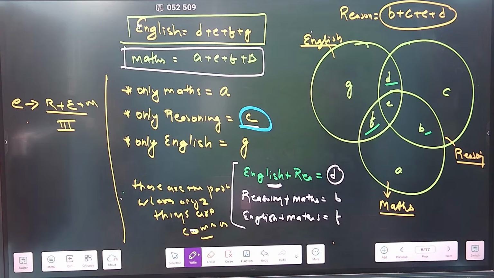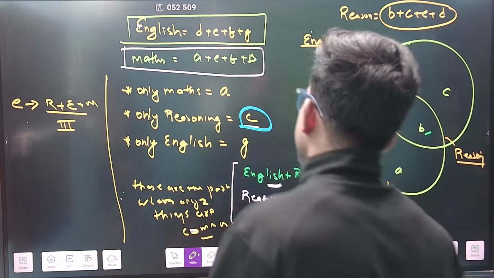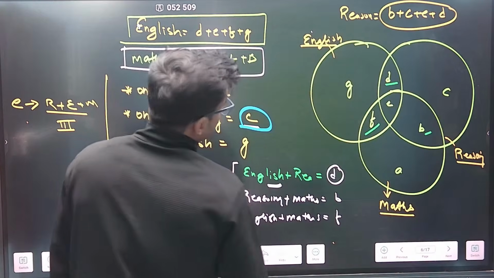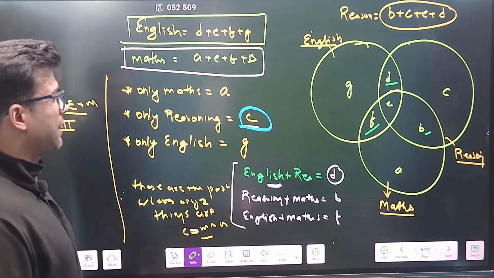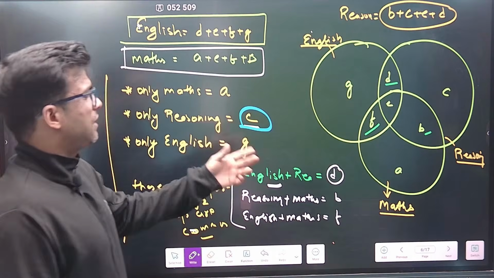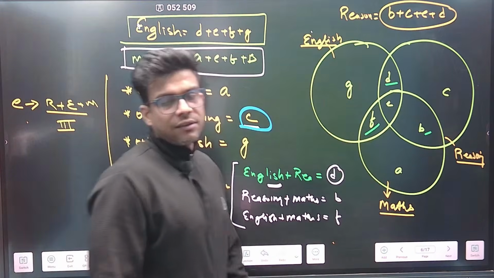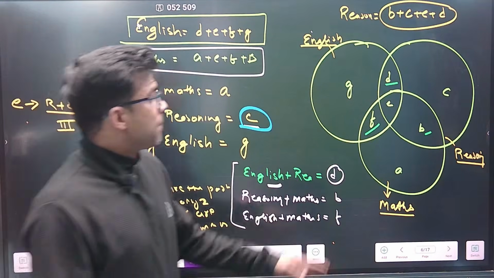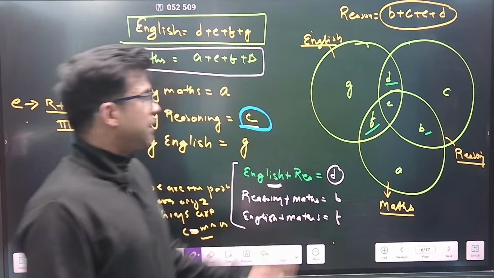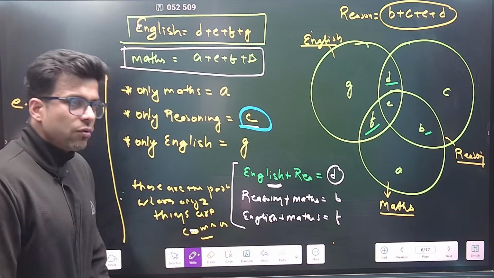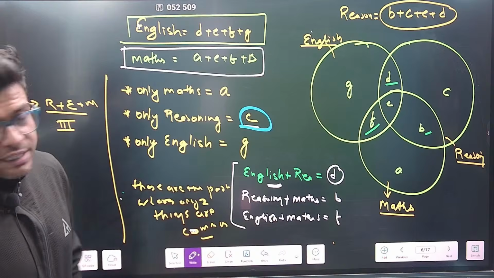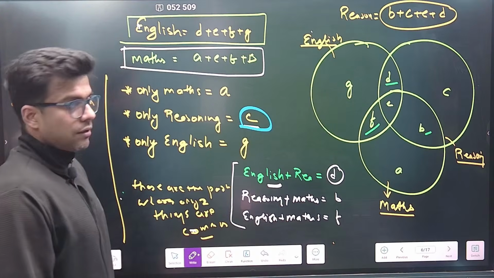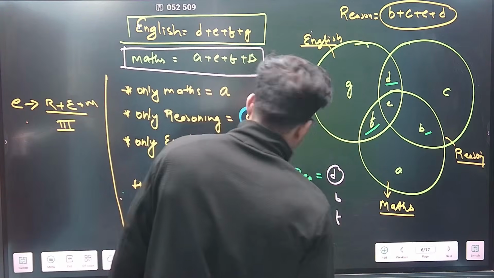Now suppose I make a logical statement: an English test was given to students A, B, C, D, E, F, G. Now who are the students who haven't given any test? I hope this is understood by everyone.